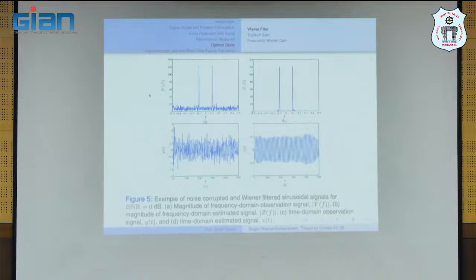After we apply the Wiener filter, we get this. This is the spectrum of the estimated signal. This is the signal in the time domain, the inverse Fourier transform of y, and this is the estimated signal in the time domain. Okay, so we see a nice thing.